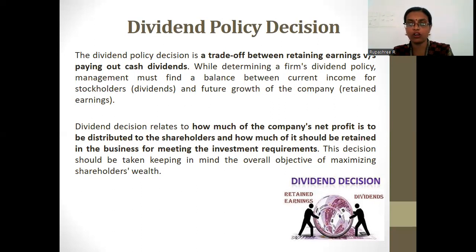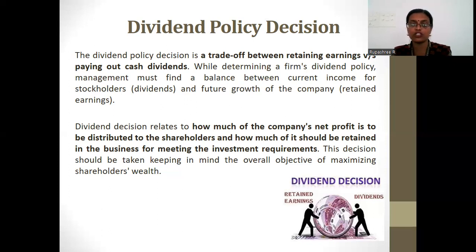Whenever an organization pays dividends to its shareholders, it depends upon the discretion of the management, because management is responsible for deciding how much capital is required for the future needs or future use of the organization. So any decision pertaining to how much of the yearly profit has to be distributed to the shareholders is called a dividend policy decision.